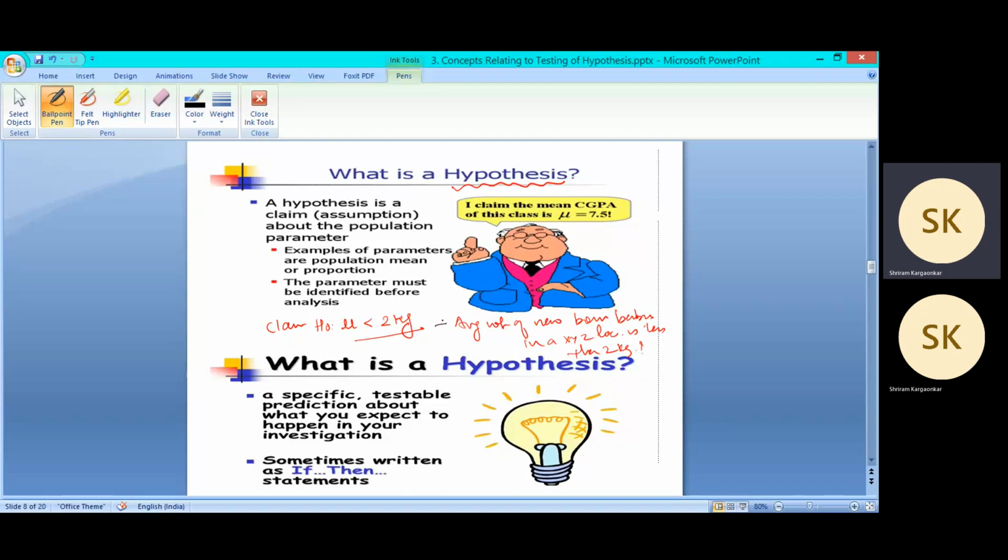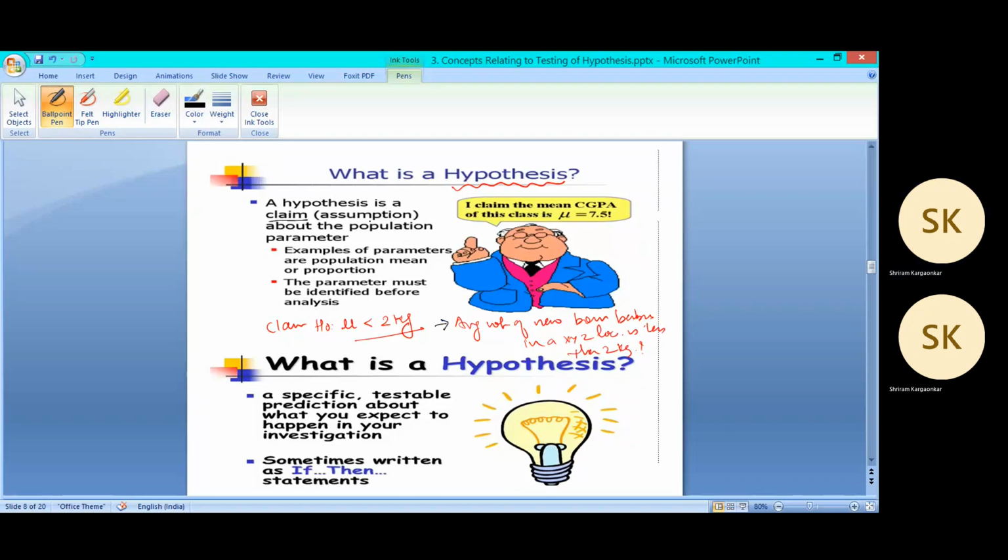For that, I need to take some sample, do the measurement, and if the sample comes under certain criteria, then I will accept it. Otherwise, I will reject it. Such claims, statements, or assertions are called a hypothesis.